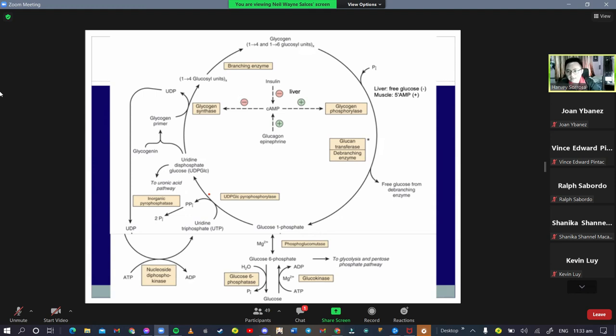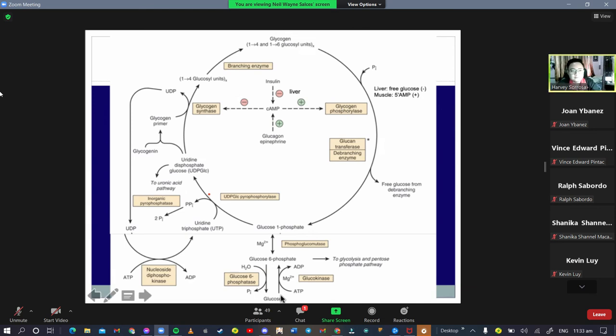This cascade allows the release of calcium ions into the cytoplasm, which are needed to fully activate our phosphorylase kinase. Once the phosphorylase kinase is activated, it activates your glycogen phosphorylase. So the end product of your glucagon is to promote glycogen breakdown and eventually increase your glucose.